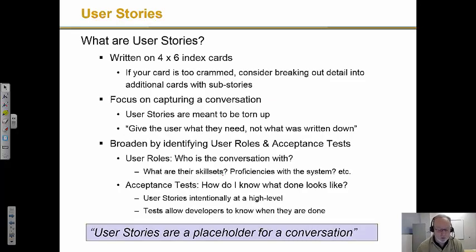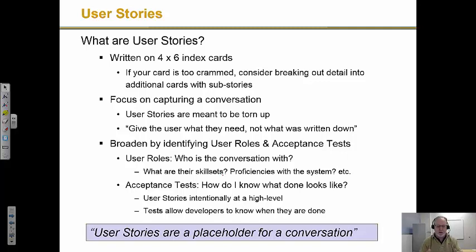So what are user stories? Well, physically, tangibly, traditionally, what you've done with a user story is write them on a 4x6 index card. So you take out a traditional index card and you write down the story. Now, if that's not enough room, and it's a 4x6 index card by design, then it probably means that you have too much detail in it and that the story is too long.